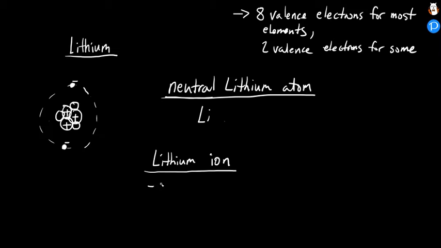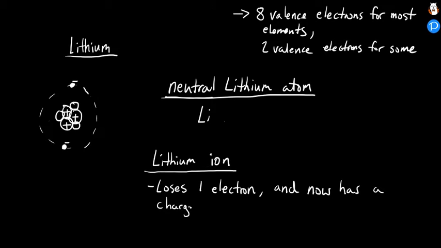So we'll say loses 1 electron, and now has a charge of positive 1 because it has 1 more positive charge than it does negative charge, and therefore the overall charge of this whole atom, or ion I should say, is positive 1.